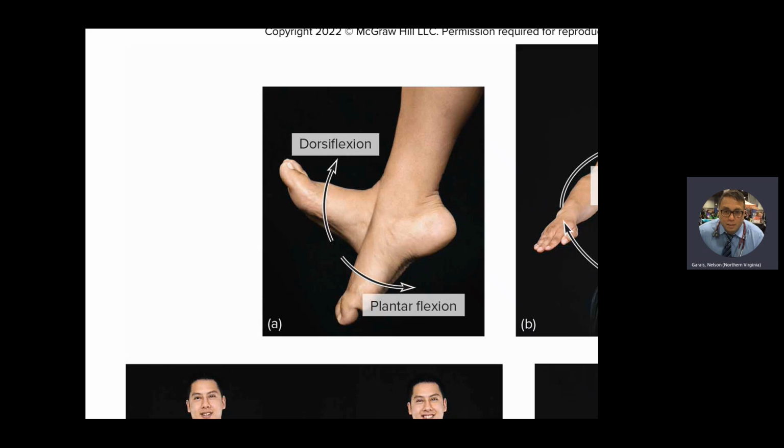Now, why are we checking? Because if I run a pen underneath your foot, and remember that the top part of your foot is your dorsum, and the bottom part of your foot is the plantar part. This is how I remember it: if I plantar flex, I'm planting my foot into the ground. And dorsiflexion would be the exact opposite.